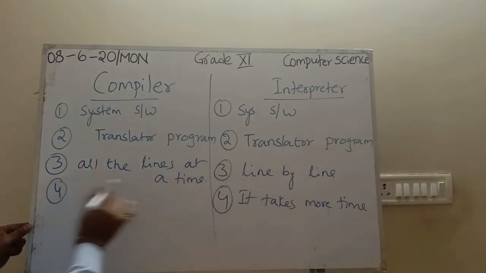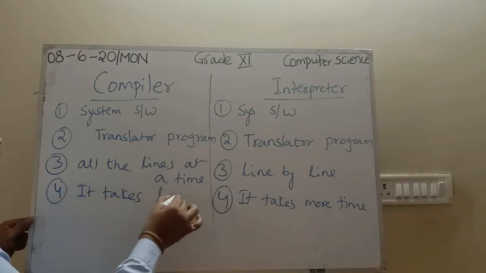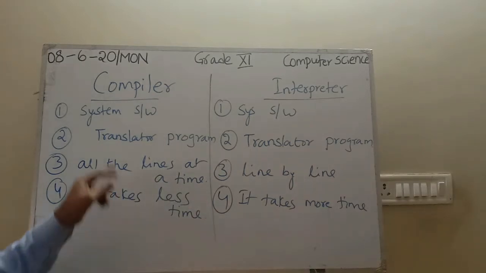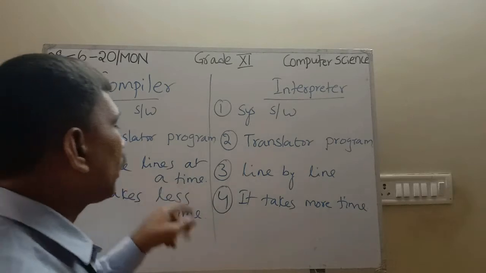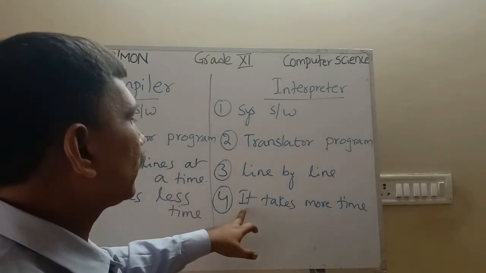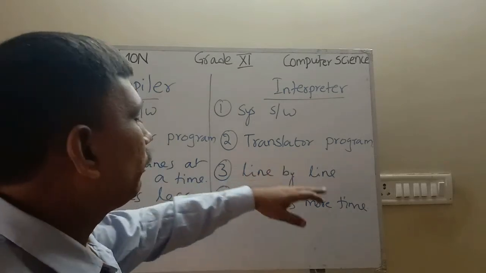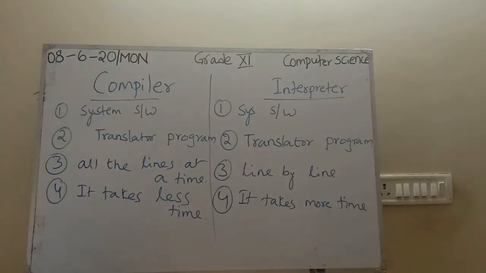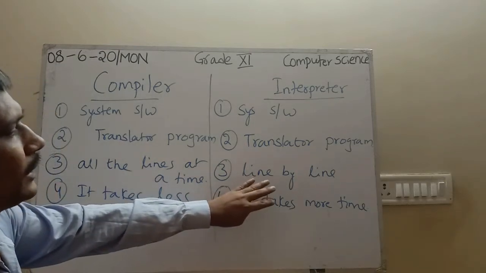That's why, when compared to the interpreter, the compiler takes less time in execution. The interpreter's translation process from high level language program to machine level language program takes more time because it does not take all the lines at a time.